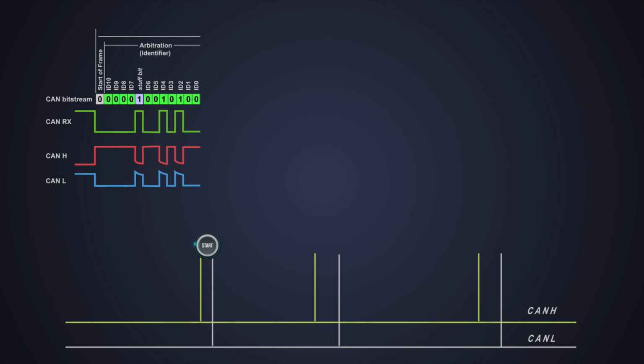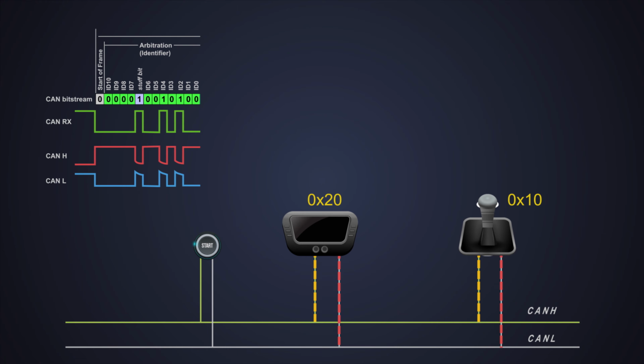For example, if there are two devices that want to communicate having message IDs like 0x20 and 0x10, then 0x10 wins the arbitration because it has higher priority, so it gets the bus access earlier to transmit the message. We have already seen the concept of bus arbitration in the video of I2C. You can check that video by clicking over here. The lower the value is, the higher will be the priority of the message.